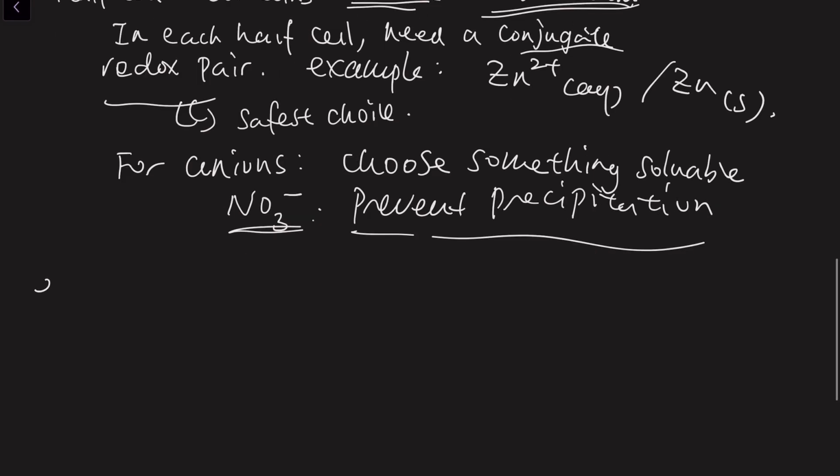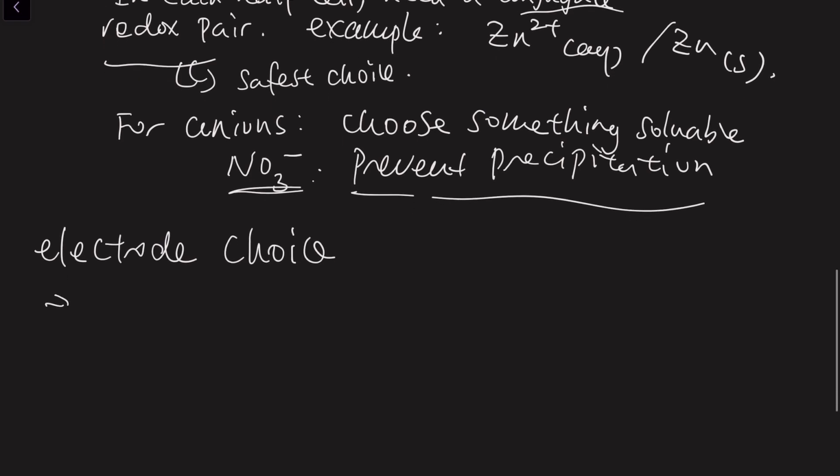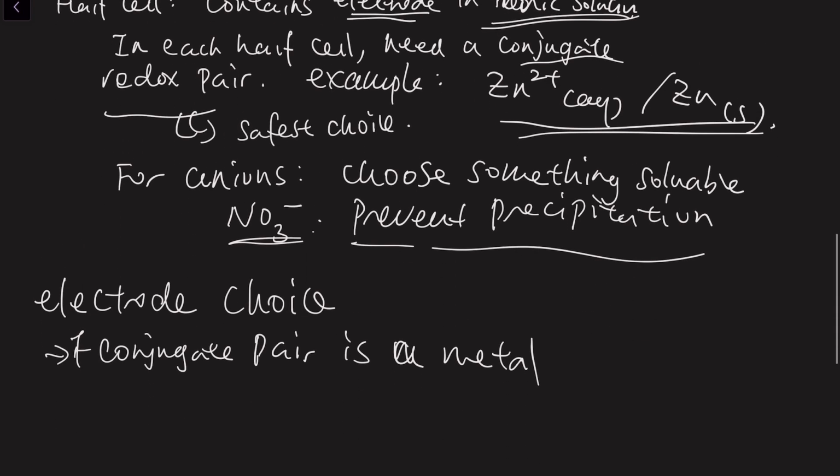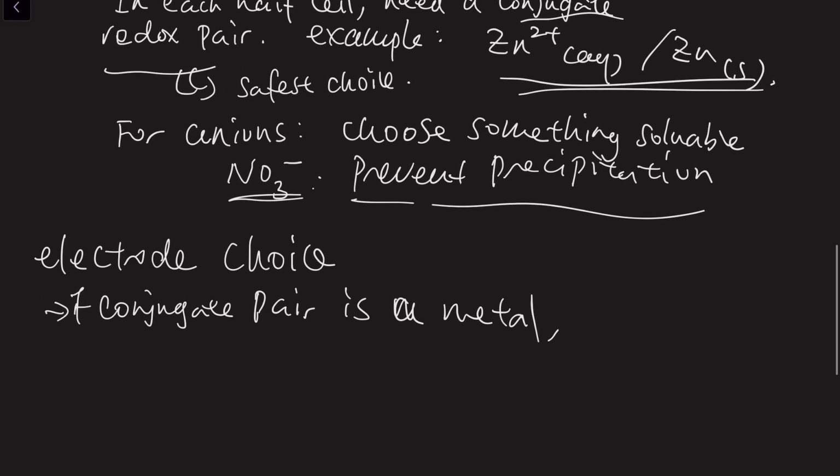So now let's move on to the choice of electrodes. As we have discussed before, if the conjugate pair happens to be a metal, such as in this example, we just use the metal as the electrode.